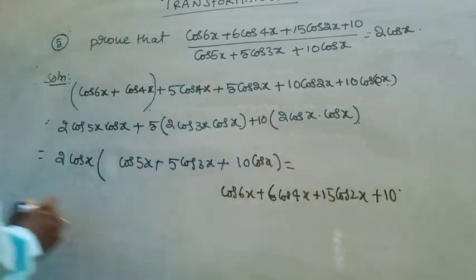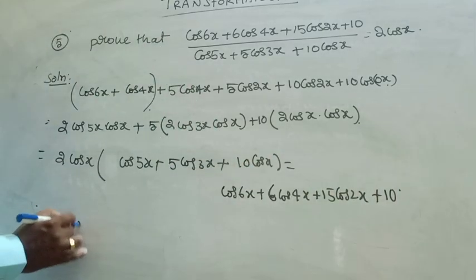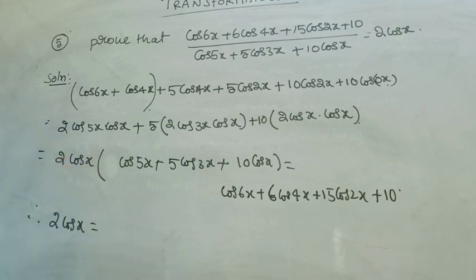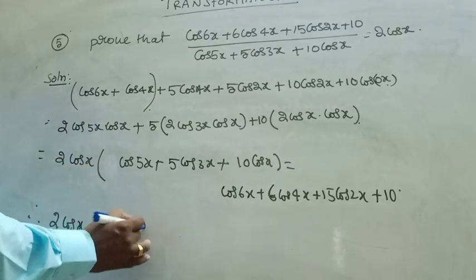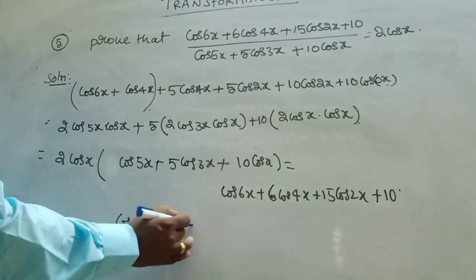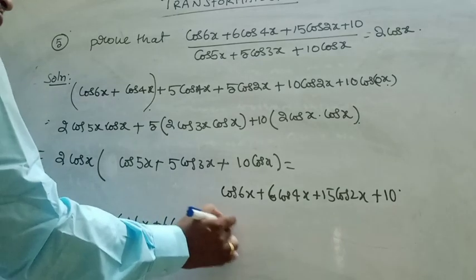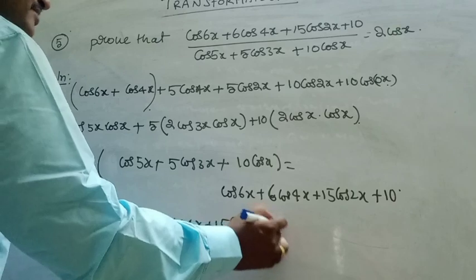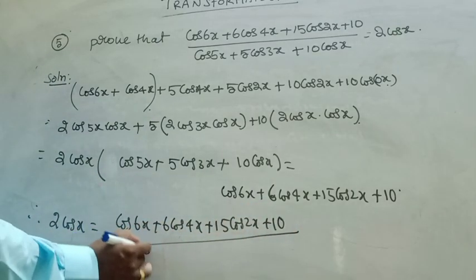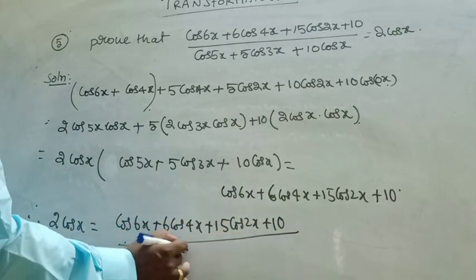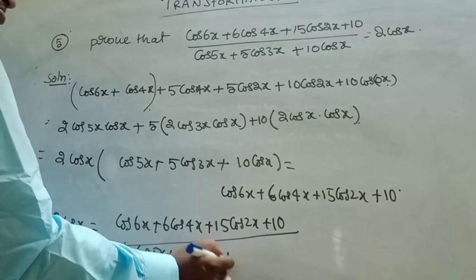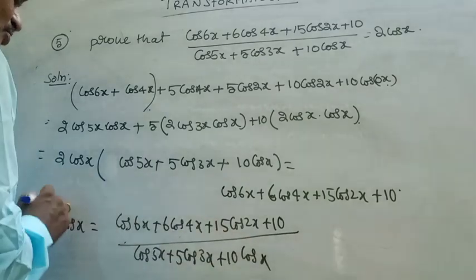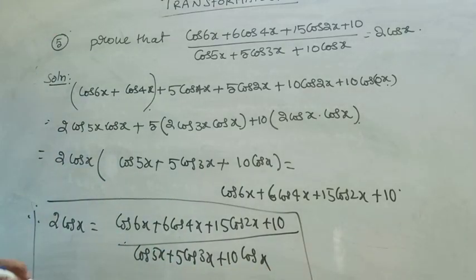Therefore you see how beautifully this reduces: 2 cos x is equal to cos 6x plus 6 cos 4x plus 15 cos 2x plus 10 divided by cos 5x plus 5 cos 3x plus 10 cos x. That is what we were required to prove. See how beautifully we got this problem with a simple technique.